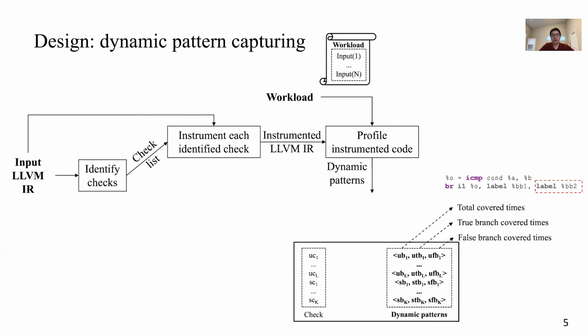We refer to them as the true branch covered times and the false branch covered times of a check. The dynamic pattern of a check is defined as a tuple consisting of its total covered times, true branch covered times, and the false branch covered times.